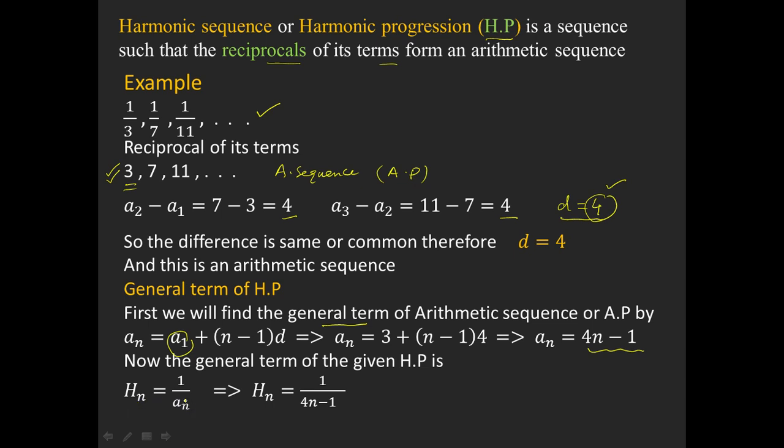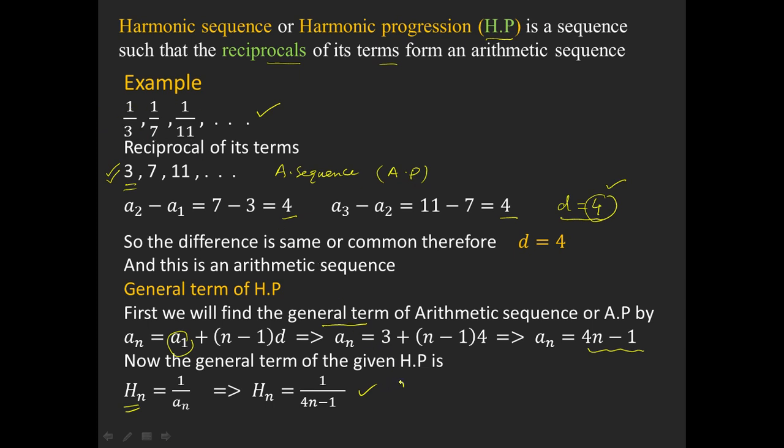So Hn is equal to 1 over An, and we know An is 4n minus 1. So Hn is equal to 1 divided by 4n minus 1. And this is the general term for this given harmonic progression.